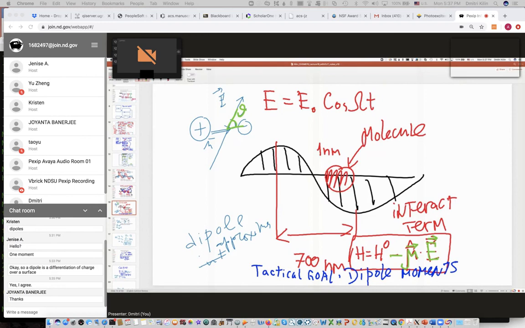And the dot between dipole and electric field corresponds to a scalar product, which means absolute values and cosine of the angle between them: mu E times cosine theta.